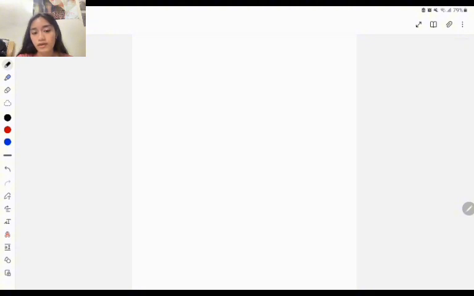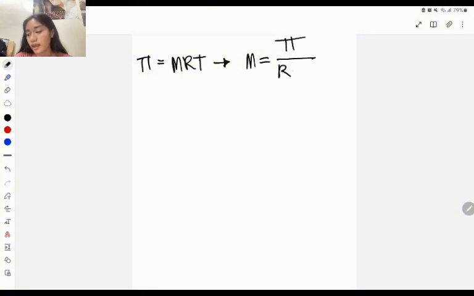Then we are looking for the molarity of the solution. So we'll change the formula of osmotic pressure into this. Molarity is equal to osmotic pressure over gas constant times temperature.